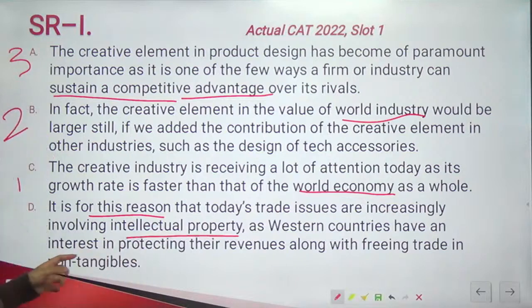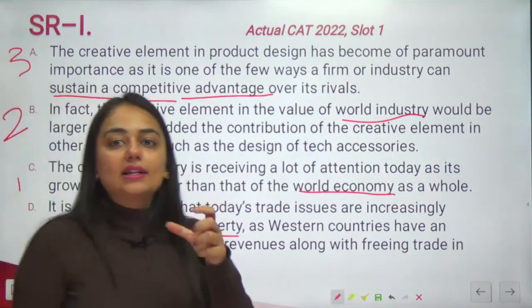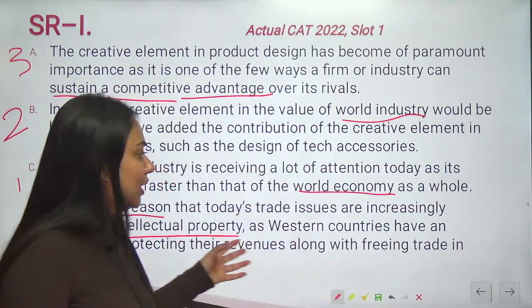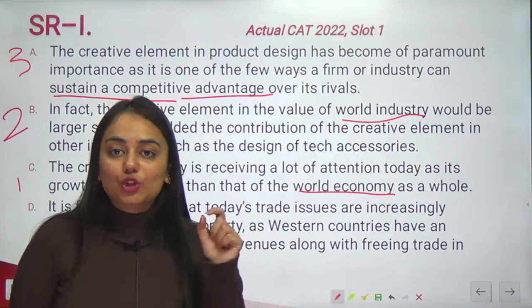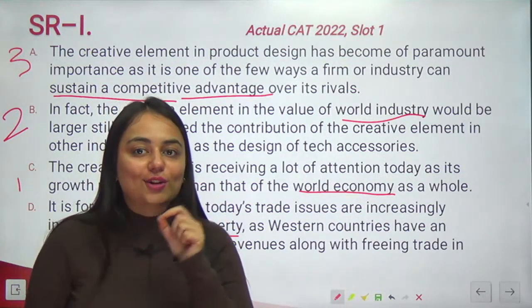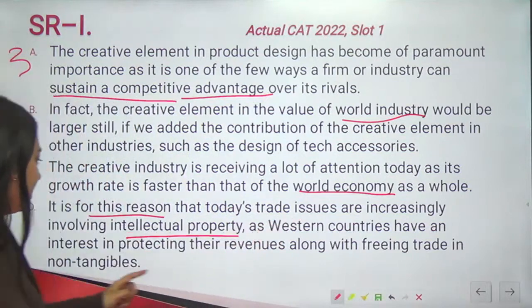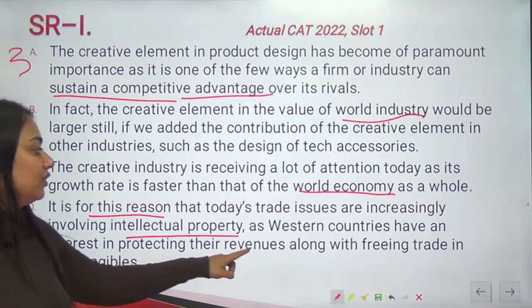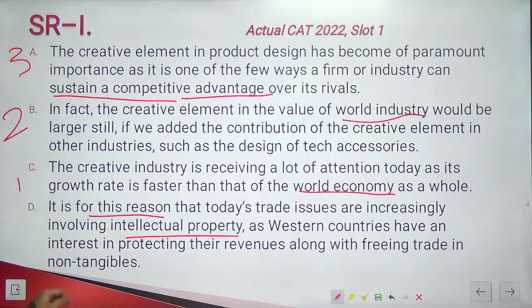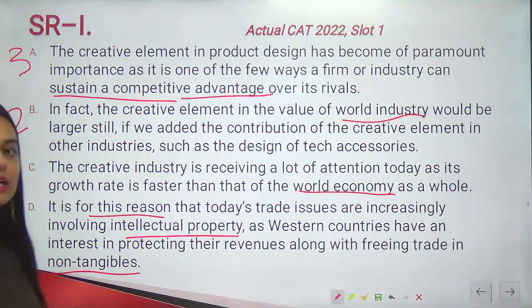Now, a company has different assets. Here we are talking about the intellectual one, which is your ability to design, your ability to be creative while designing, as Western countries have an interest in protecting the revenues along with freeing trade in non-tangibles. Now, what are non-tangible?